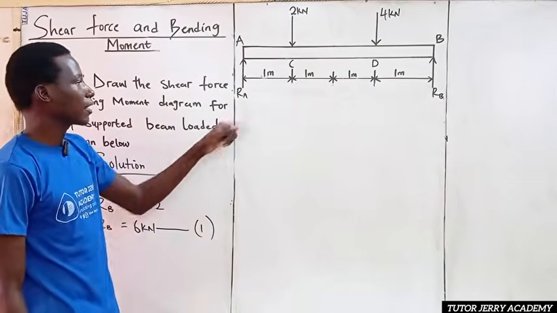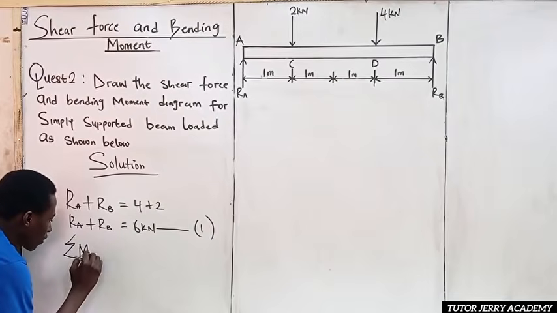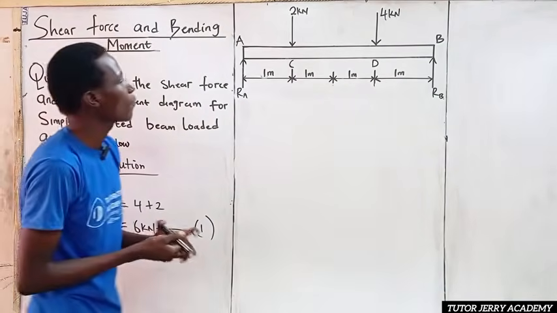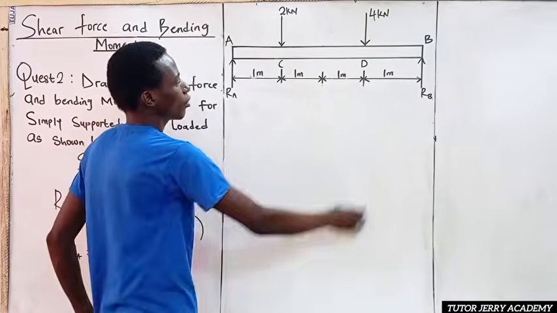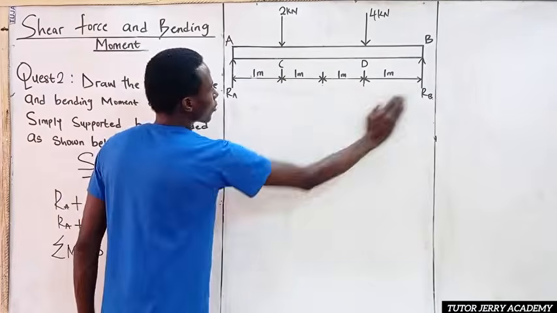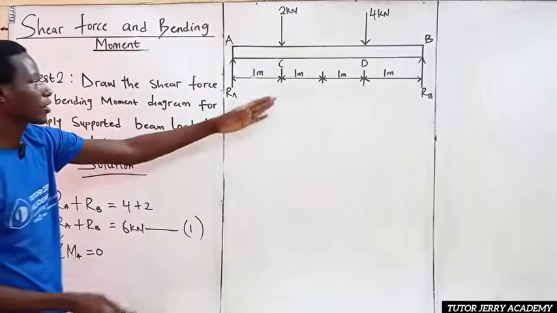Next we are going to be taking our moment at point A. So the summation of moment at point A is equal to 0. The moment at point A will be RB multiplied by the perpendicular distance, which is the total distance of 4 meters, minus 4 multiplied by 3.